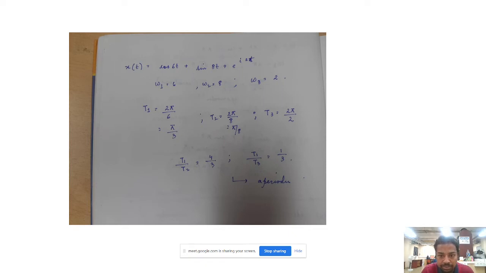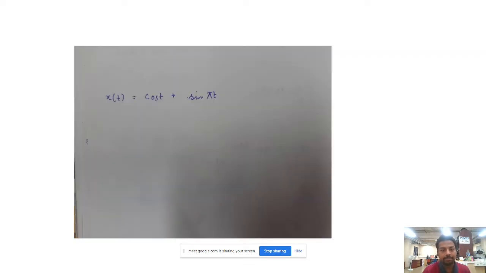But T1 by T3, my mistake, T1 by T3 is equal to 1 by 3. So this is also a periodic signal. It's not aperiodic, it's a periodic signal because these are all rational numbers.